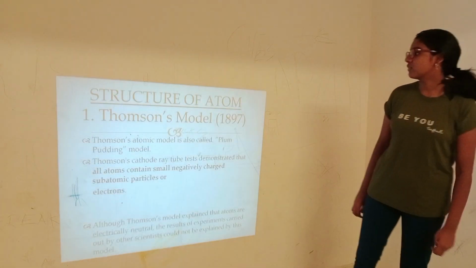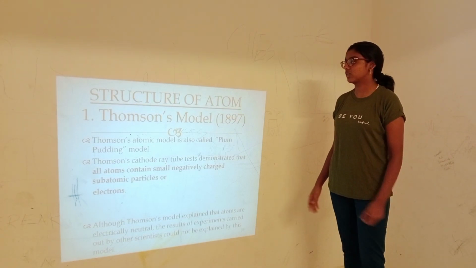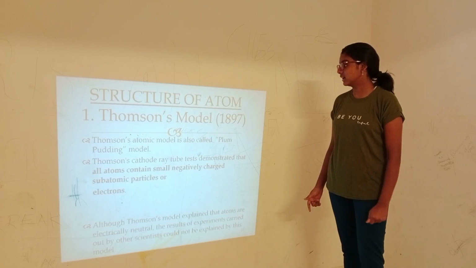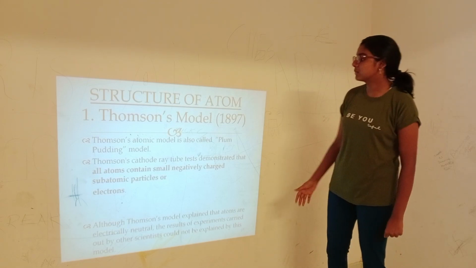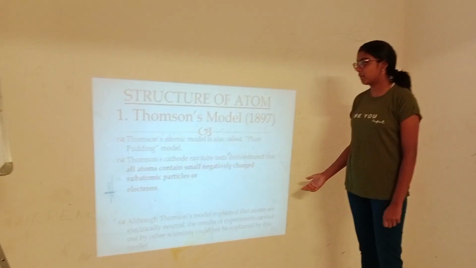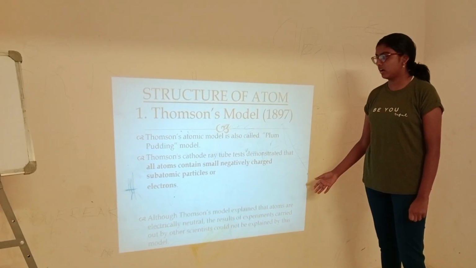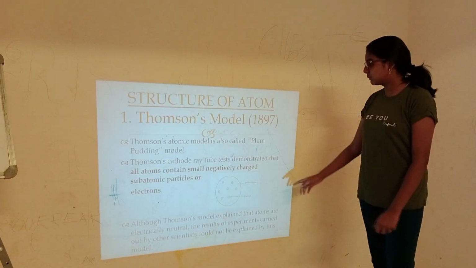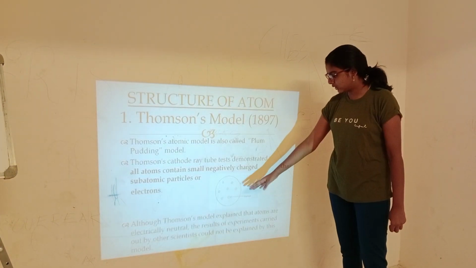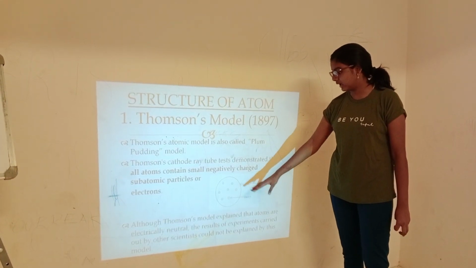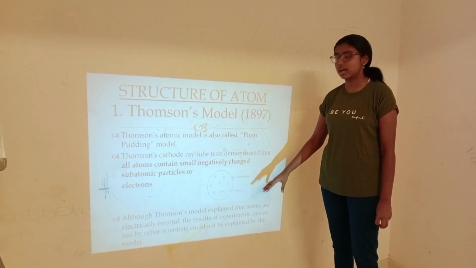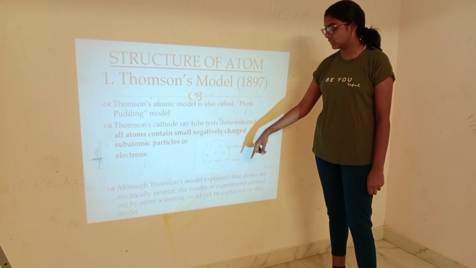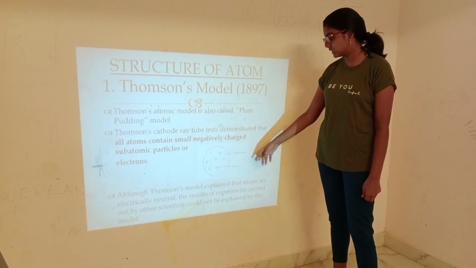Next, we have structure of atom. The first is Thomson's model, which was given by Thomson in the year 1897. Thomson's atomic model is also called the plum pudding model, and we'll see the diagram. Why is it called the plum pudding model? It is because the toppings of the plum pudding are distributed unevenly. So the negatively charged electrons are distributed unevenly above the positive sphere.